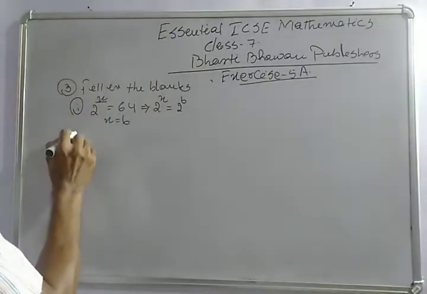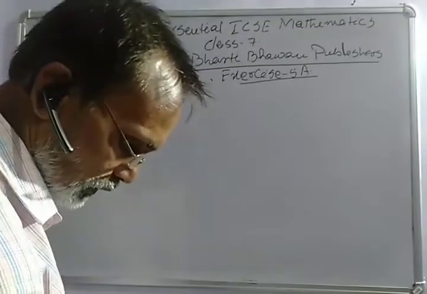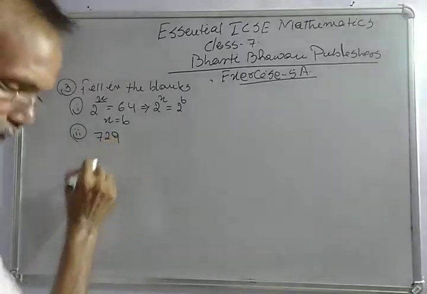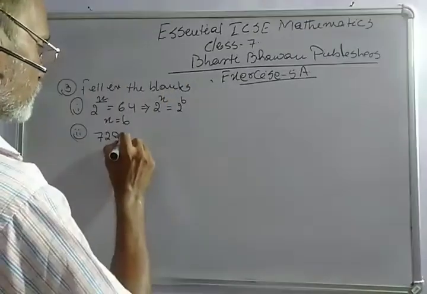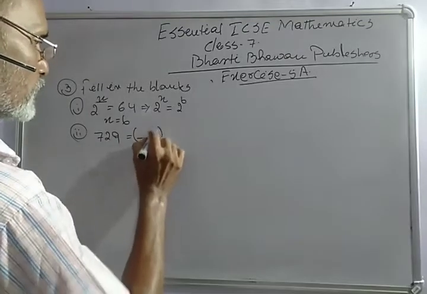Number 2. 729 is equal to dash to the power 3.